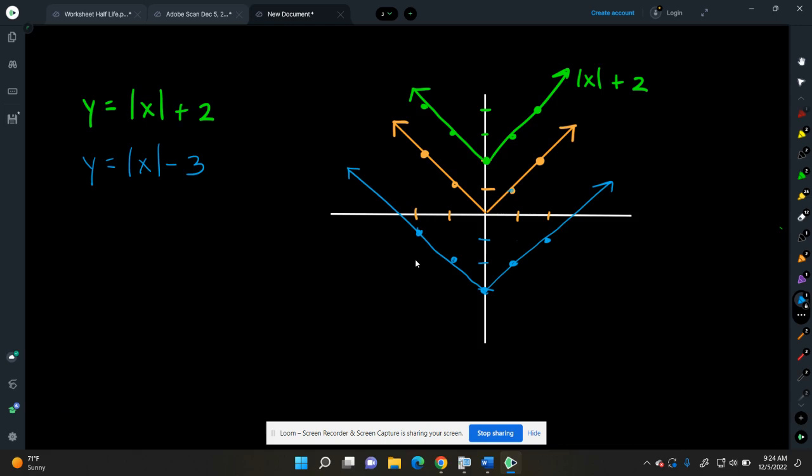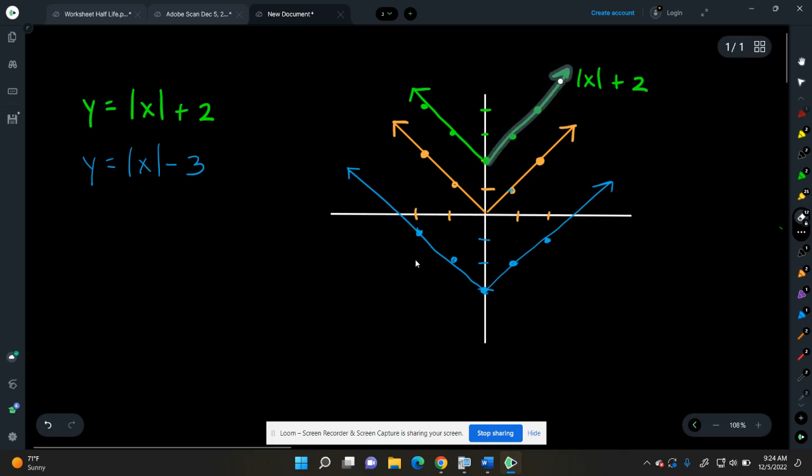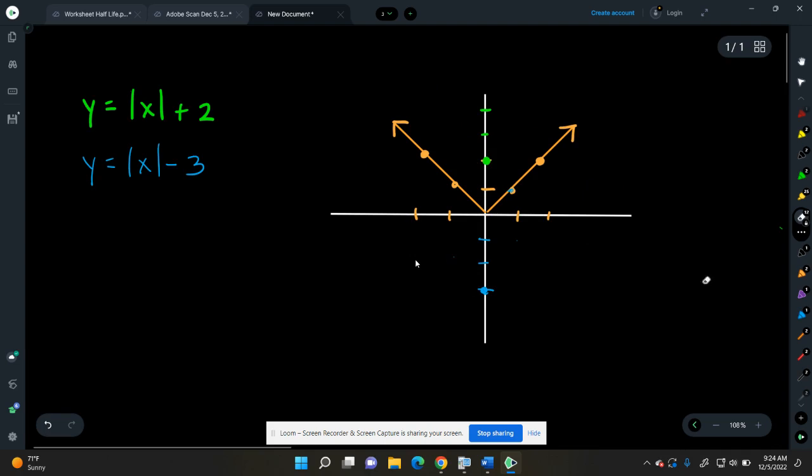So up and down, that's when we add or subtract a number outside the absolute value. Now, if I add or subtract a number inside the absolute value, it's a little bit different. Okay.